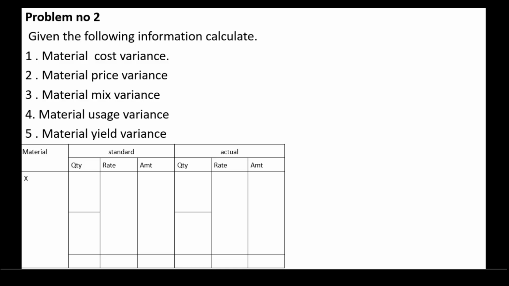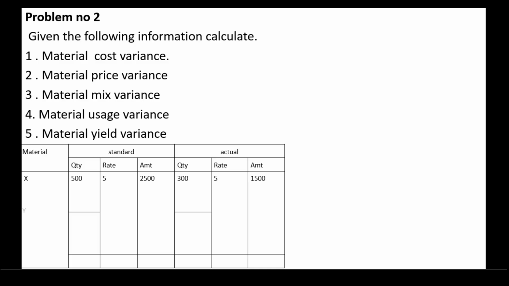So the first one, material X: quantity 500, rate 5, amount 2500, actual quantity 300, actual rate 5, and actual cost 1500.